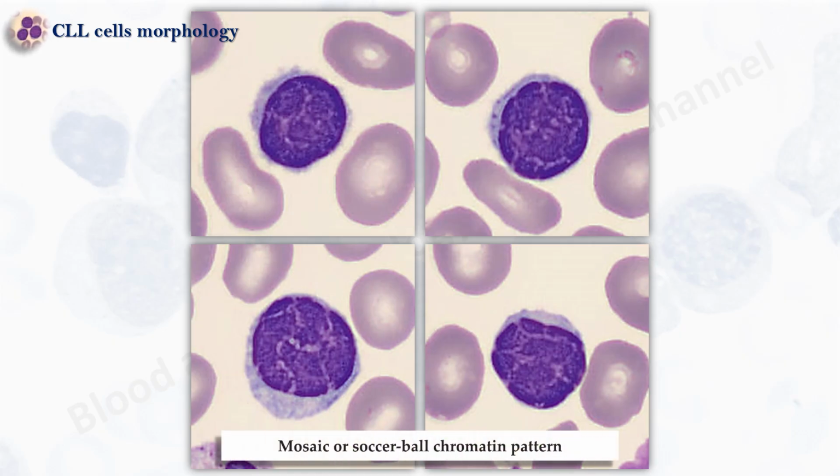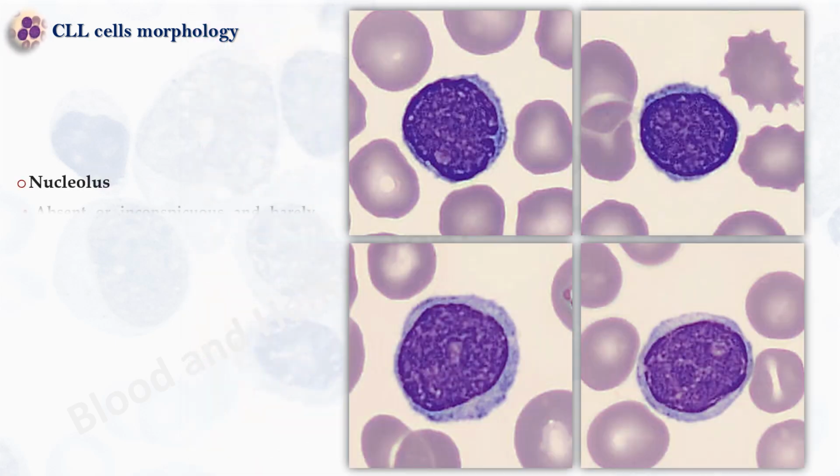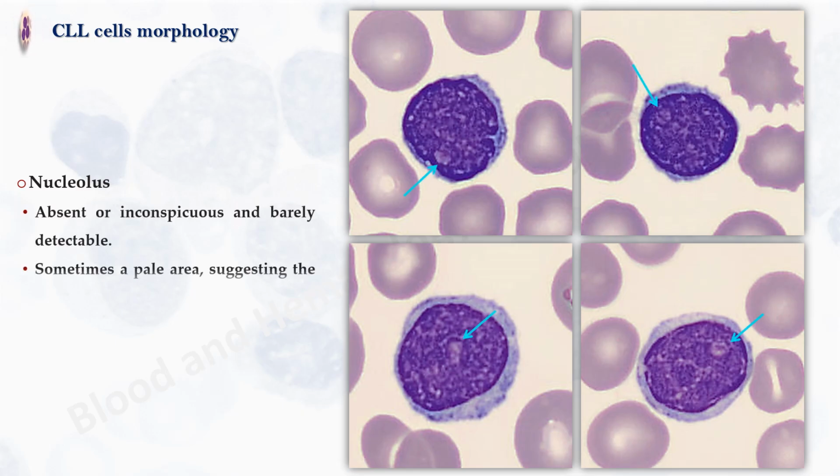CLL cells with mosaic or soccer ball chromatin pattern. The nucleolus is absent or inconspicuous and barely detectable.